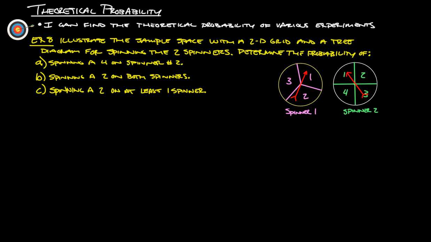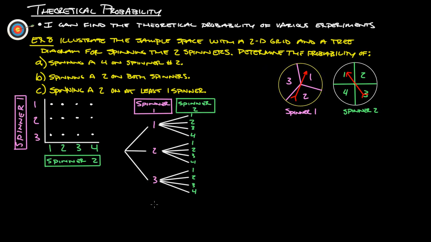So let's draw those. Here's our 2D grid and our tree diagram for the 2 spinners, spinner 1 and spinner 2. Both are really displaying the same information, just in a different way.